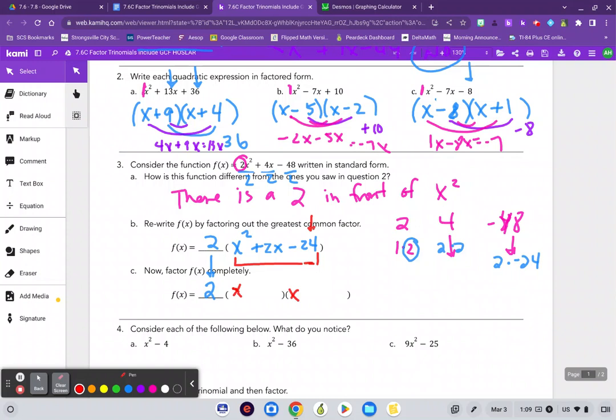And so I think that those are going to be 6 and 4. So I think a plus 6 and a minus 4 will do it. And I'm just going to do a quick check, right? 6 times negative 4 is negative 24. And let's see, negative 4x and 6x gives me that positive 2x. So this works. So this would be my completely factored answer.